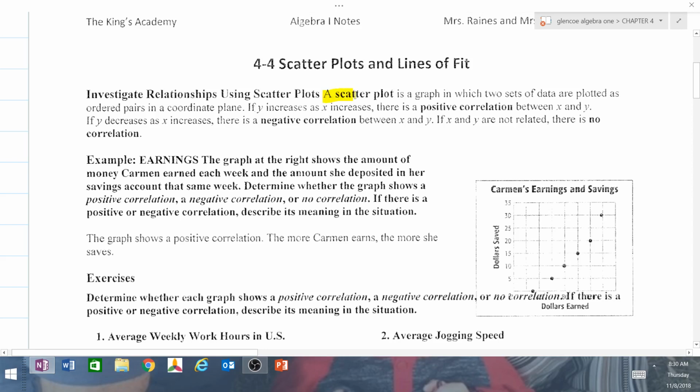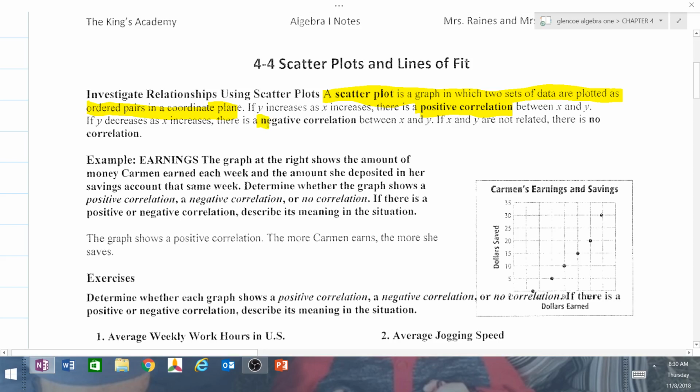Again, a scatter plot is a graph in which two sets of data are plotted as ordered pairs on the coordinate plane. We're going to talk about positive correlation. So the data would be increasing from left to right, kind of like a positive slope situation.